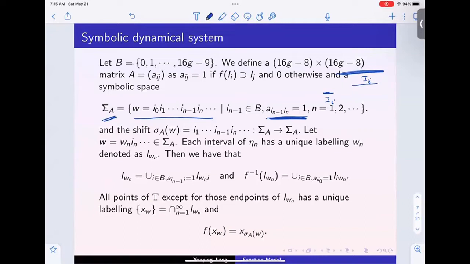That means you knock off the first digit, so you get here. So that's the shift, which really means like F maps X to F of X.